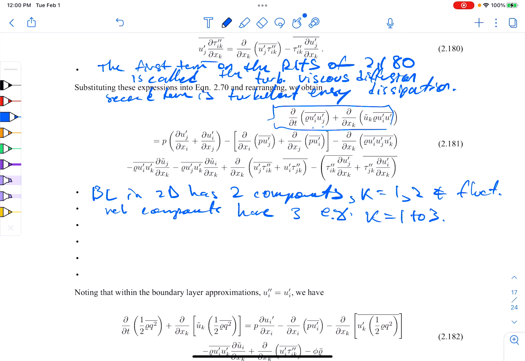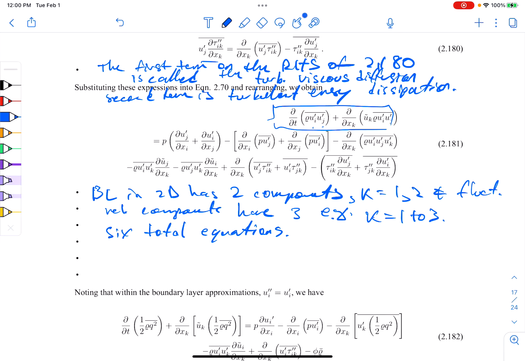So for 2-dimensional flows, this equation 2.81 would have, what, 6 total equations, which is a lot to do. So in a general 3-dimensional flow, we would have to handle them all. In boundary layer theory, we would be handling, of course, 3 components, but it's going to result in only 6 equations.